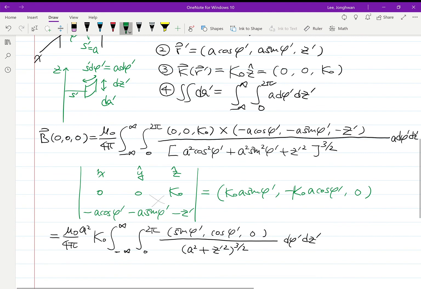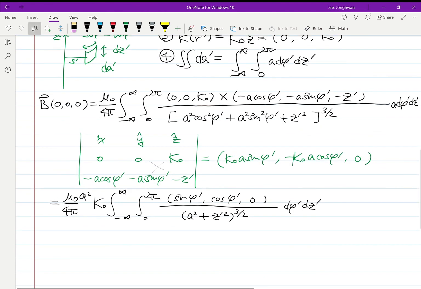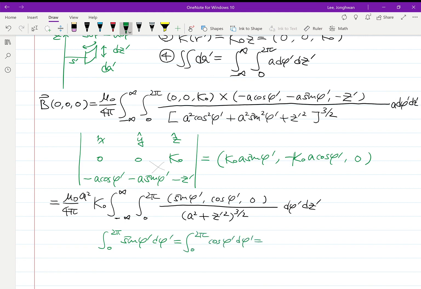So if you plug in the result, and if you think about the integral of sine phi prime and cosine phi prime from 0 to 2 pi, this becomes 0. And the other integral will not be infinite, so the field will become 0.